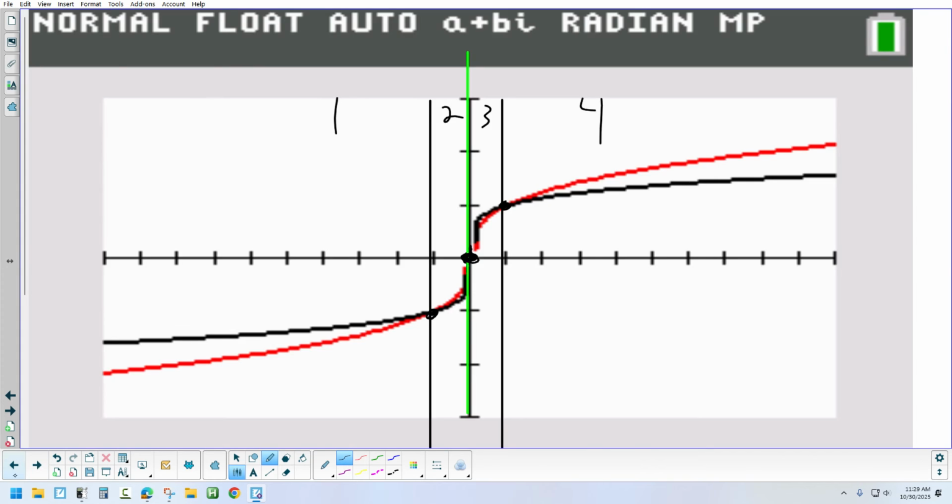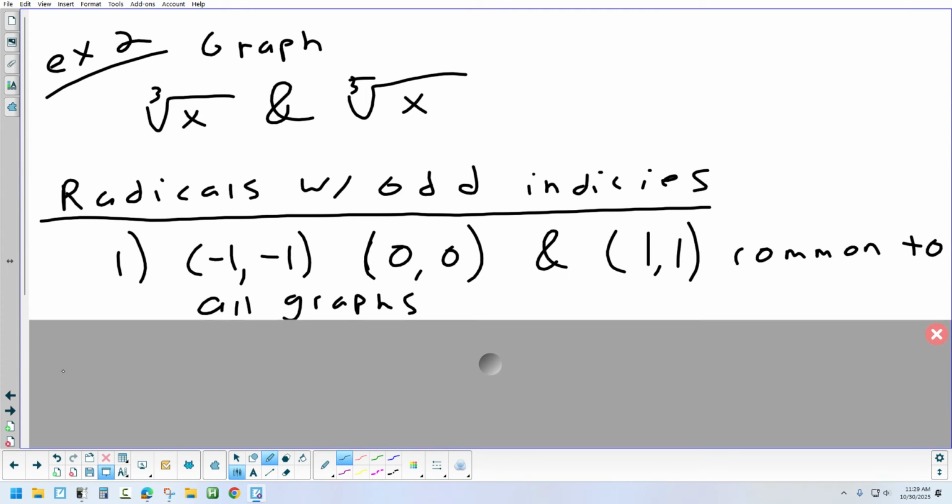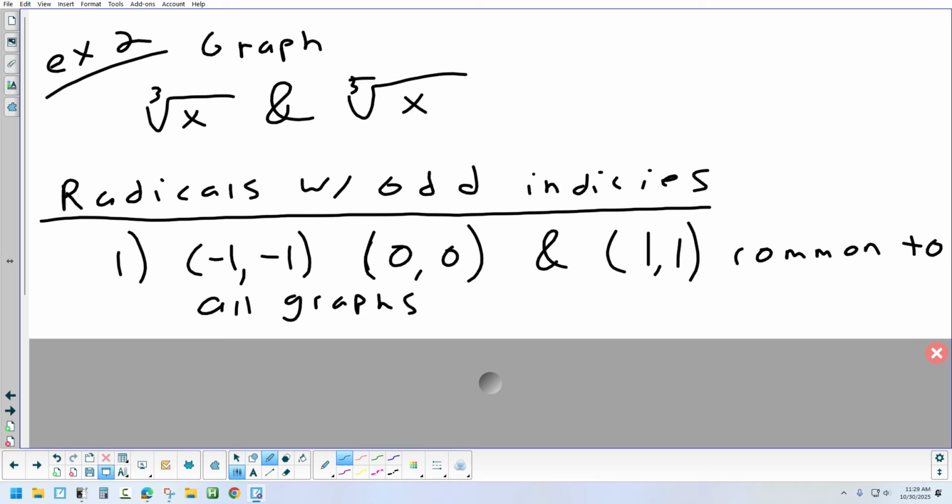All right, so let's summarize some of that. Those 3 points are common to all odd roots if you don't do any transformations. If you shift something up and down or stretch it left and right, then those points all change. But I'm talking about no shifting, no stretching.